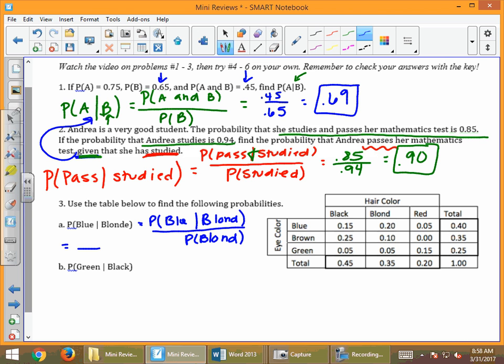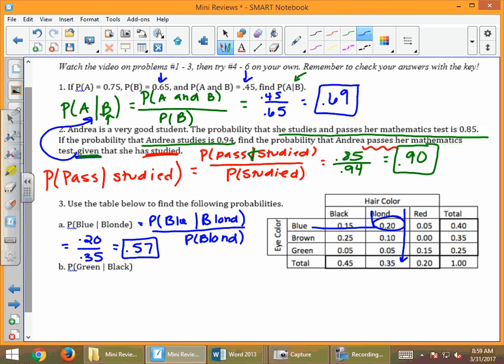Well, if we look at the table, here's blue, here's blonde, that's where they intersect. So 0.20 is going to go on the top. And the probability of just blonde, you go to blonde, go to its total, that's going to be 0.25. Plug that into your calculator, you get 0.57. So there's a 57% chance that if a person has blonde hair, they're going to have blue eyes.